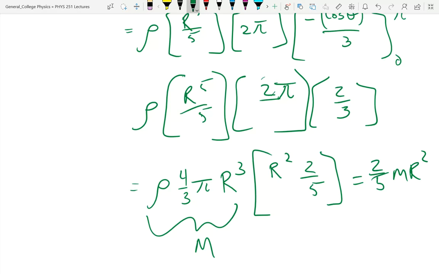Just let me do color coding so you see where I got the 2 over 5. And since it was a superscript of 5 here, that gave me 3 and 2.